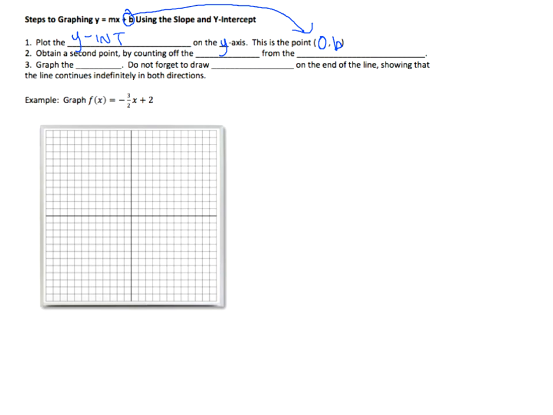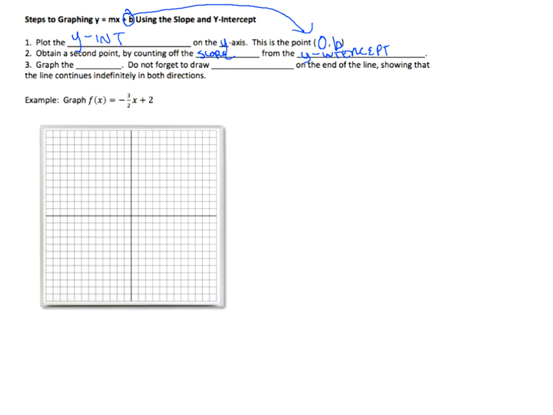Obtain a second point on the graph by counting off the slope from the y-intercept. The reason I point that out is because a lot of students will mark the y-intercept, and then they'll start counting their slope from the origin, even if that's not the y-intercept, and that's not correct. You know that your y-intercept lies on the line.